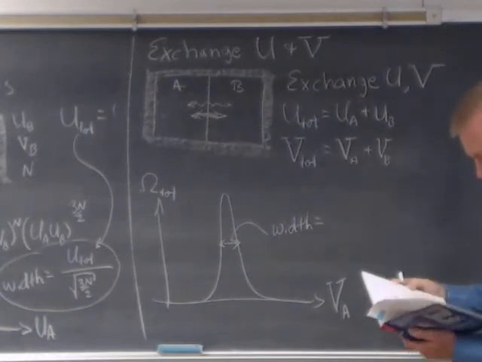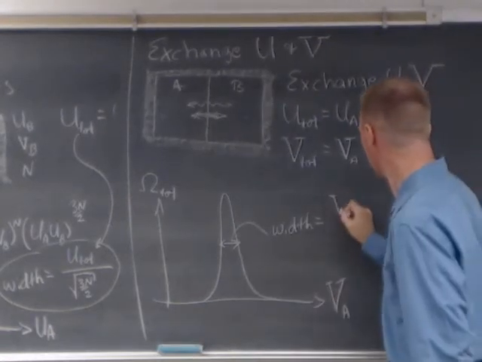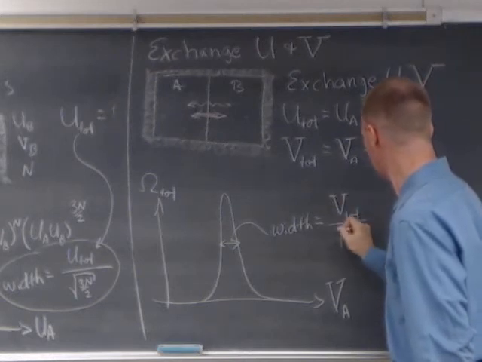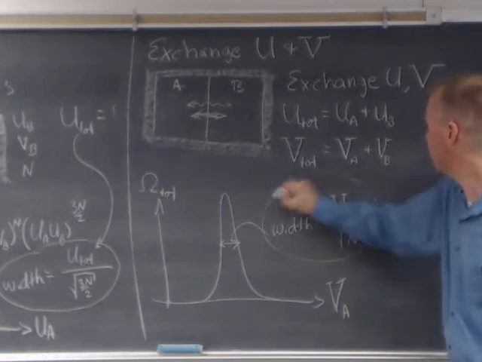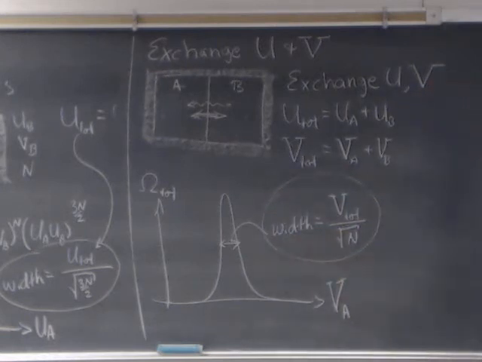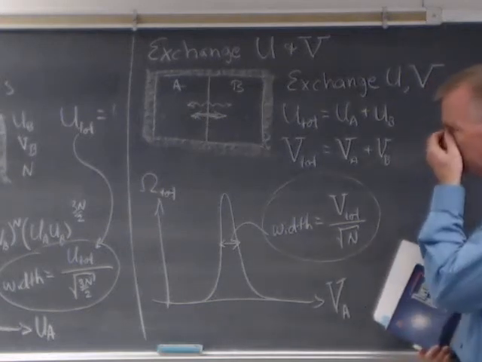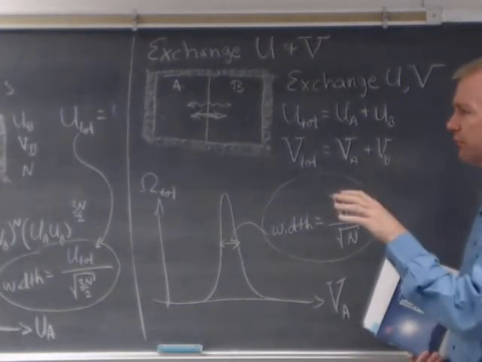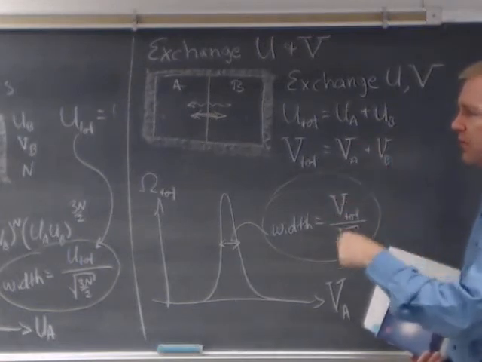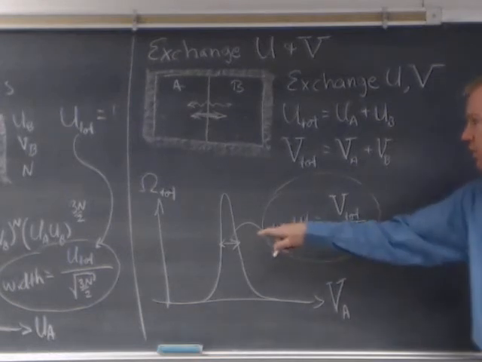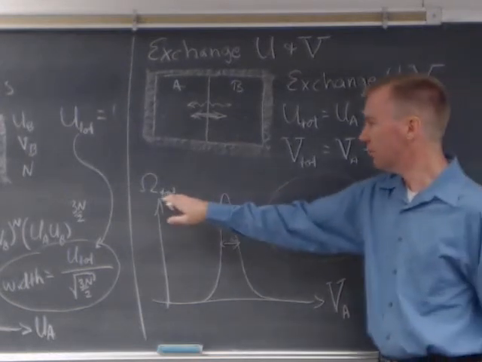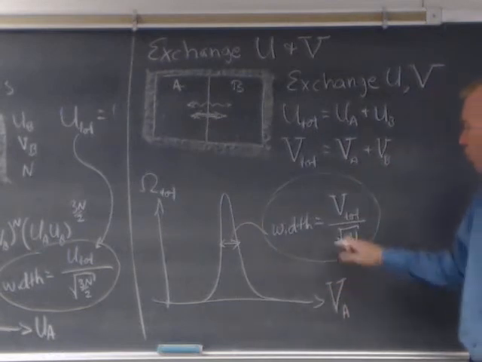And it comes out to be V total over the square root of N. Think about this, by the way. The functional dependence of the multiplicity on V is V to the nth power. And the width here, when we look at the multiplicity as a function of VA, the width is V total over the square root of N.